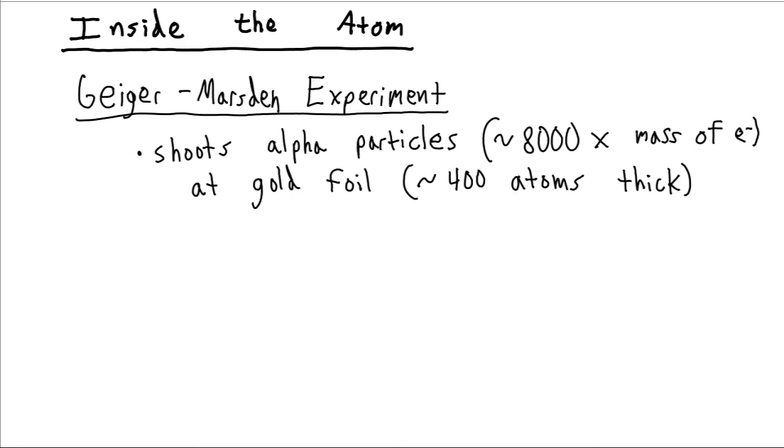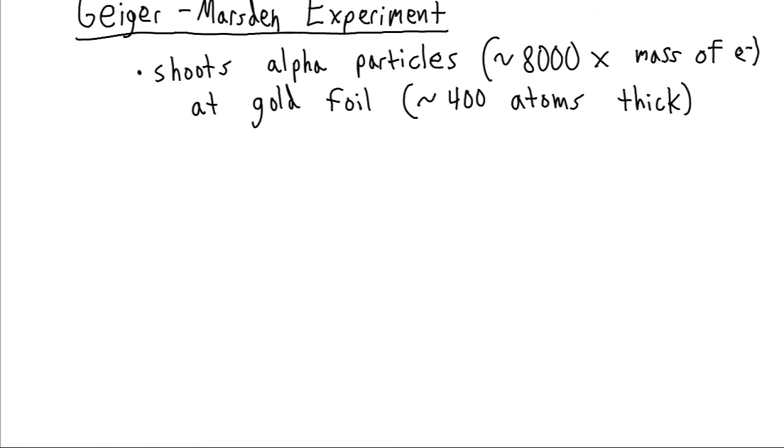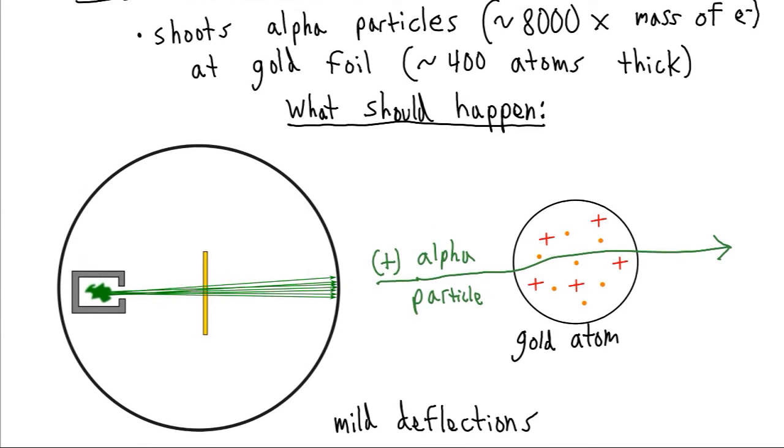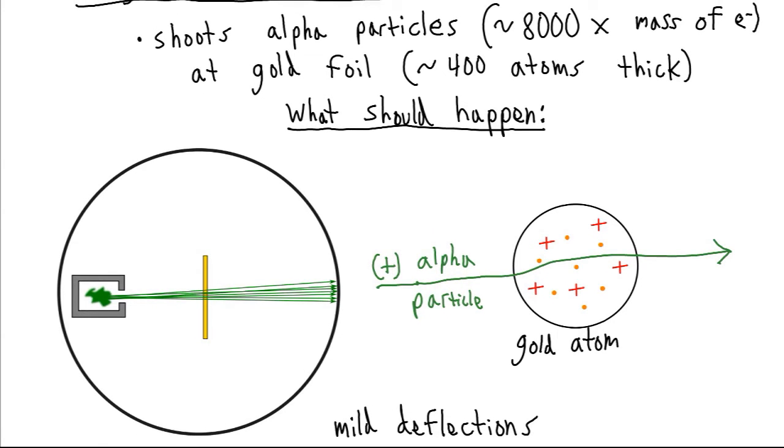And they fire this at a very thin piece of gold foil. So it's only about 400 atoms thick. And the result of doing this, what you would expect, according to the plum pudding model of the atoms, is that the alpha particles will travel and encounter these gold atoms, and they'll be deflected by the charges.